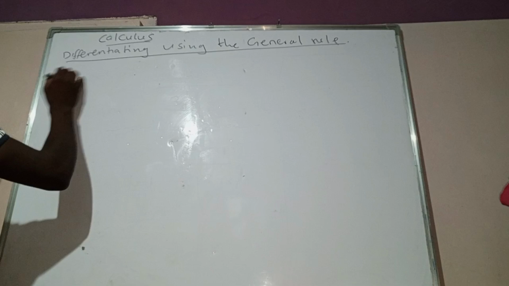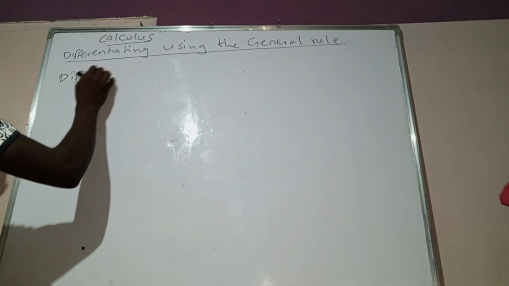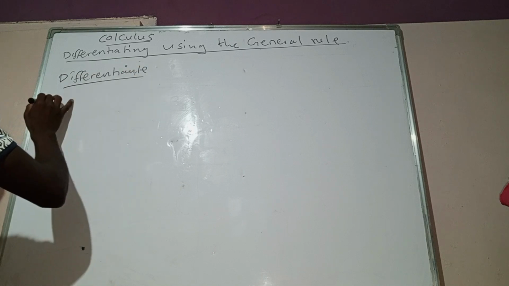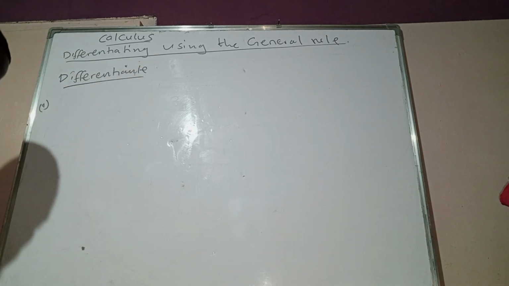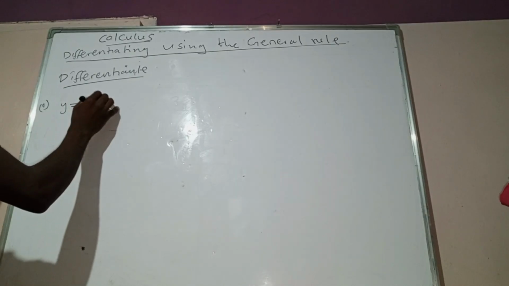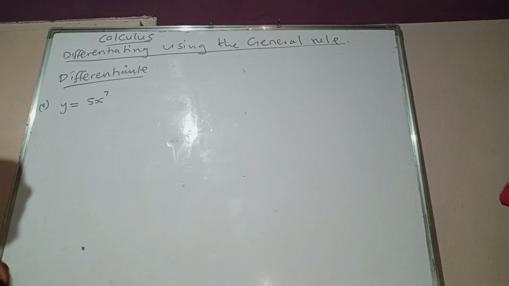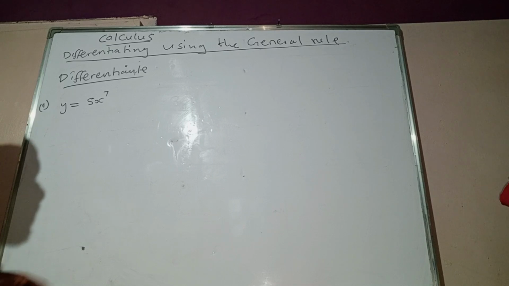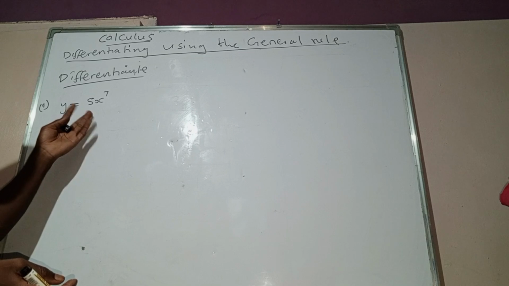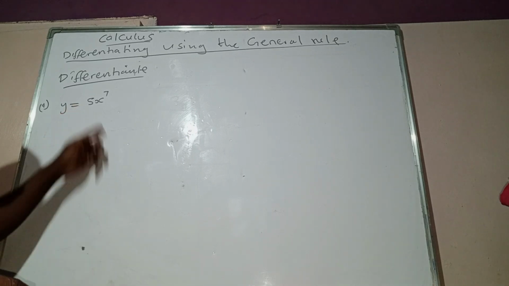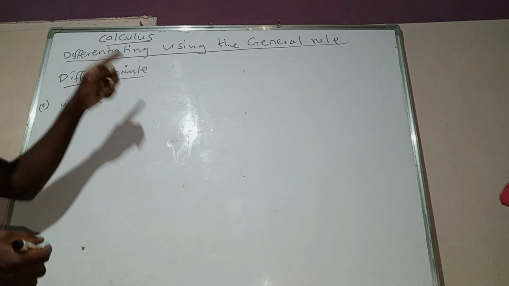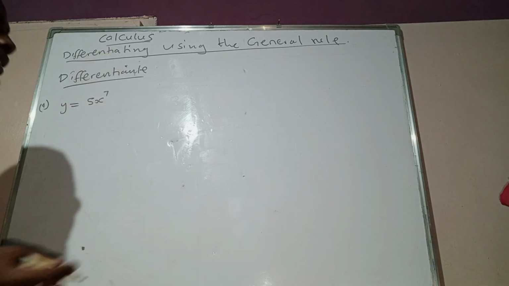Differentiate y is equal to 5x to the power 7. Remember, if we were differentiating using the first principle, we could have started with 5 open brackets x plus h to the power 7, then you expand this one.